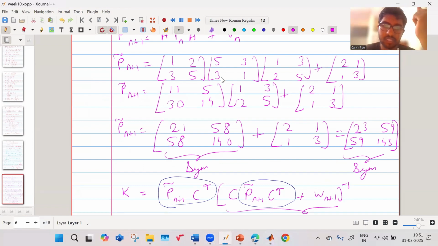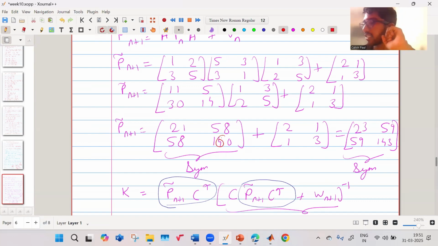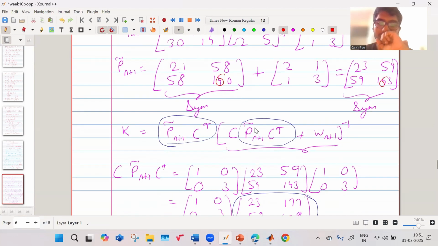Oh, okay. 140 was... What was it? It was 13 into 3 is 90 and 14 into 5 is 70. Oh, it is 116. Okay. So this is 160, this will be 163. Even though we saw it is symmetric, the answer is wrong. So this was wrong.